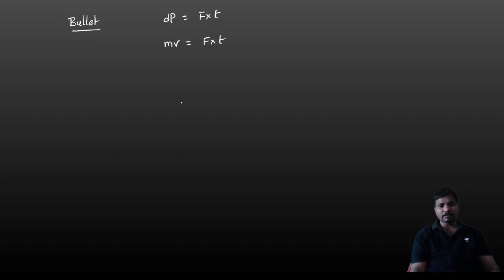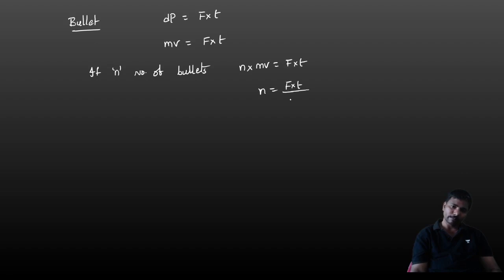This is for whenever we have one bullet. If n number of bullets, then n into mass into velocity is equal to force into time. So n, the number of bullets, is equal to force into time by mass into velocity.